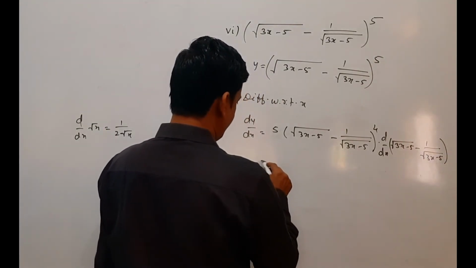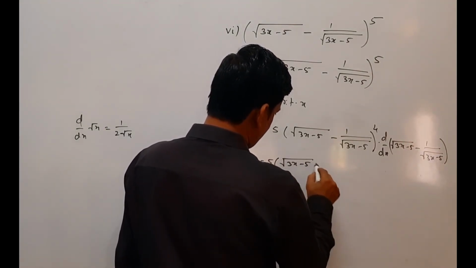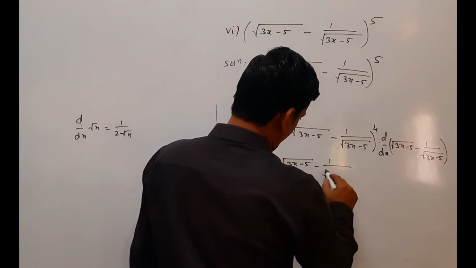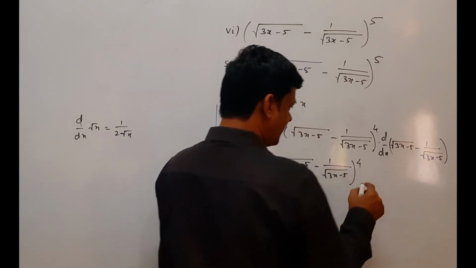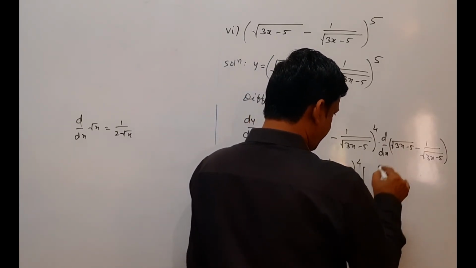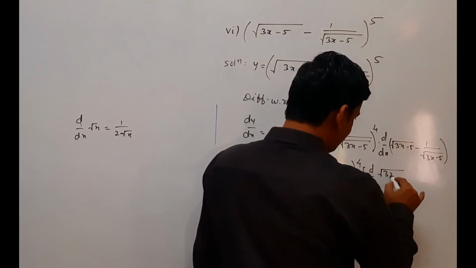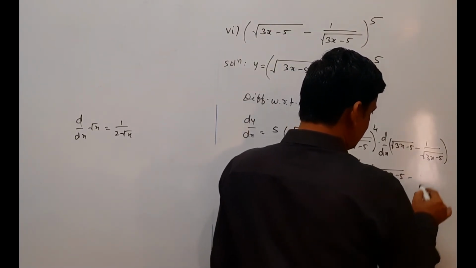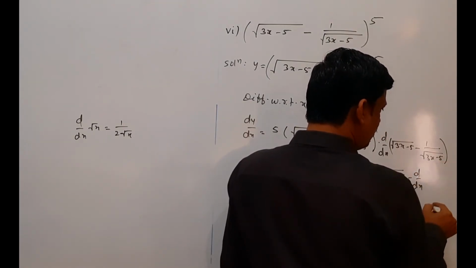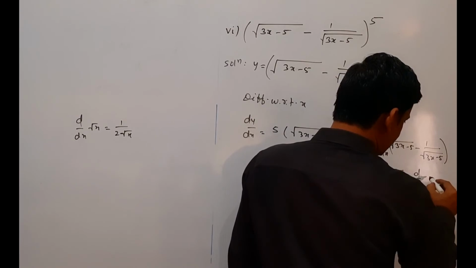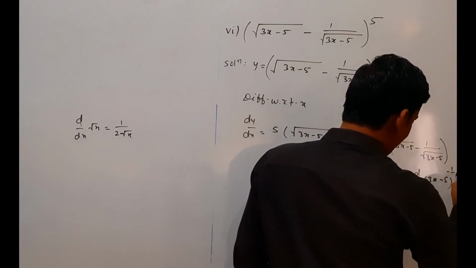So we write here 5 in bracket root 3x minus 5 minus 1 upon root 3x minus 5 bracket raised to the power 4 into, so first we separate the derivative, d by dx of this root 3x minus 5 minus d by dx of, so if we remove this root, so we write this as 3x minus 5 raised to the power minus 1 by 2.